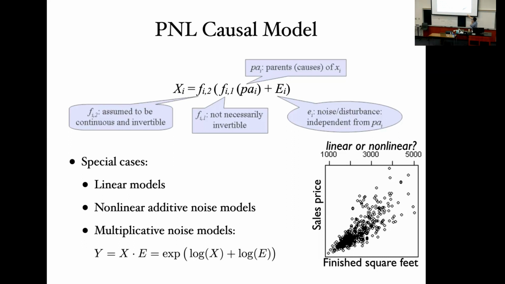Here you can see the scatter plot of the finished square feet and the sales price of a lot of houses in Boston. Do you think the model is linear? Do you think the relationship right here is linear? Yes? No?